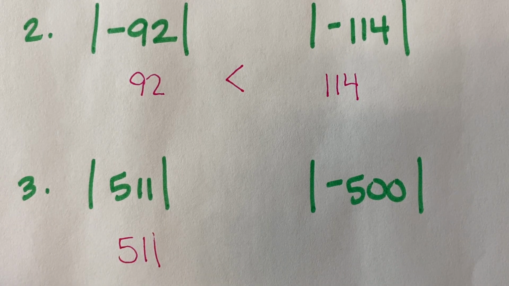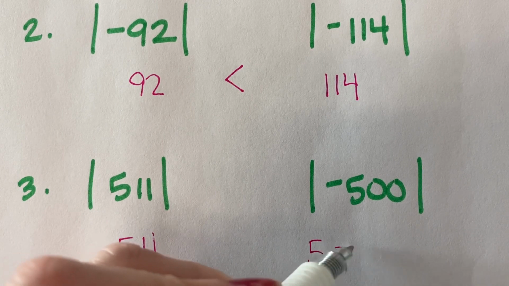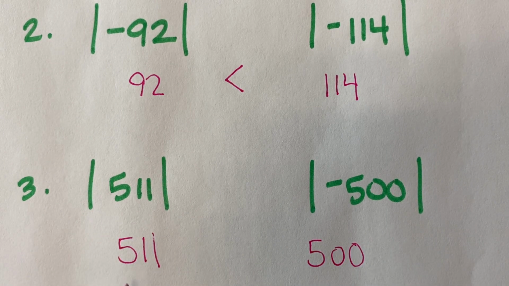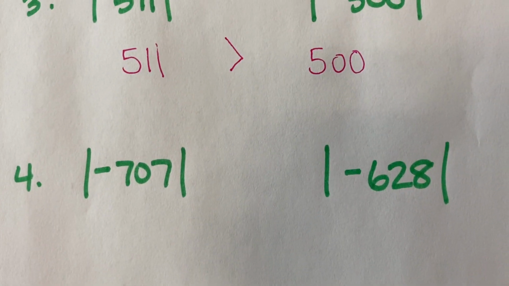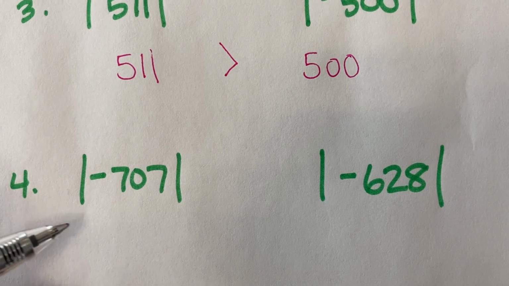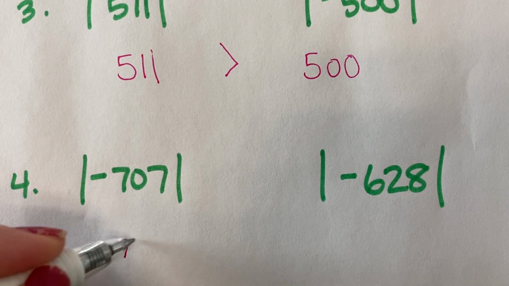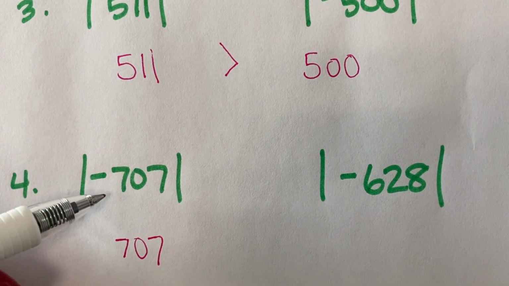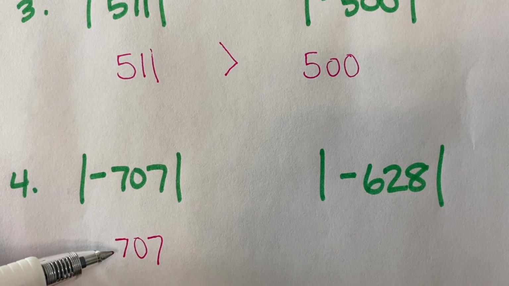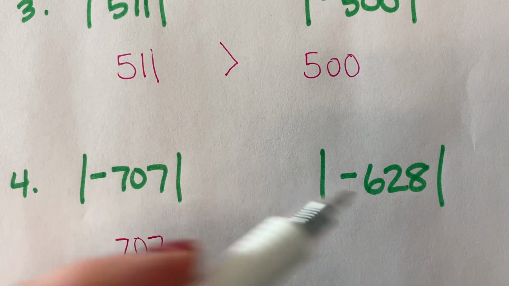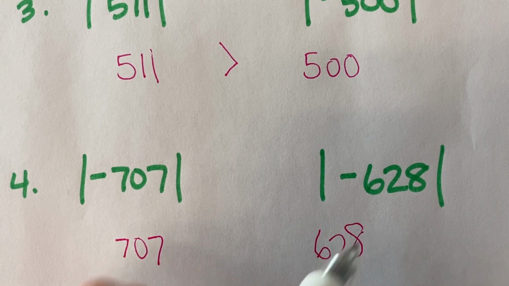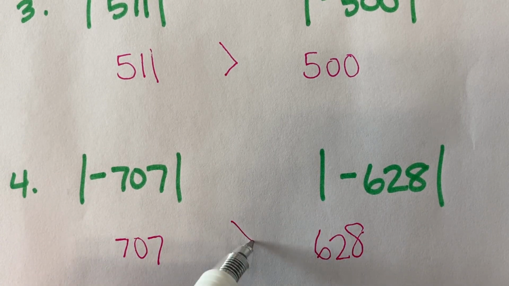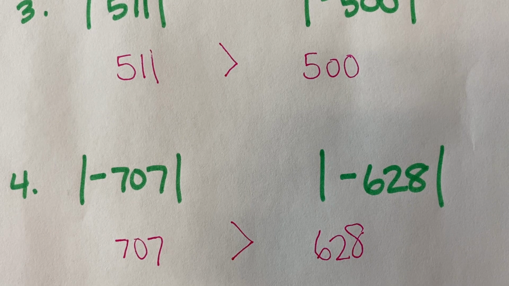Absolute value of negative 500 is 500. 511 is greater than 500. And our last one for this video, the absolute value of negative 707 is 707, because that number is this far from 0. Absolute value of negative 628, 628. 707 is greater than 628.